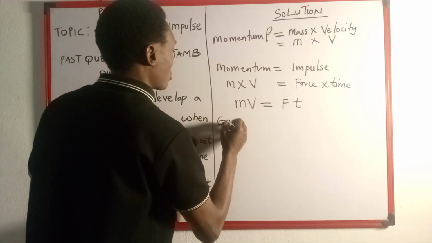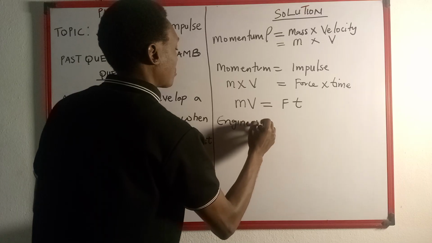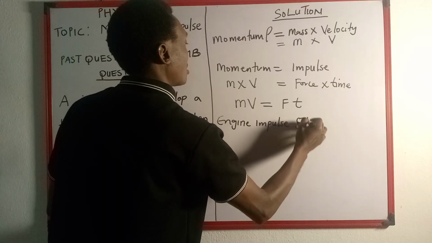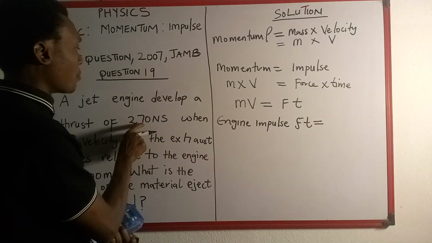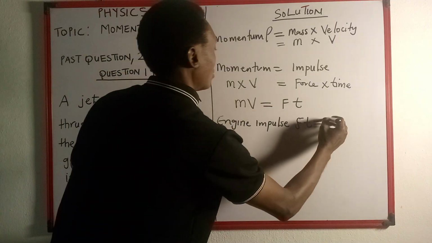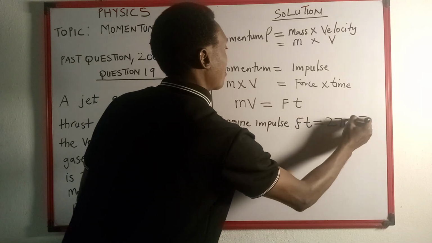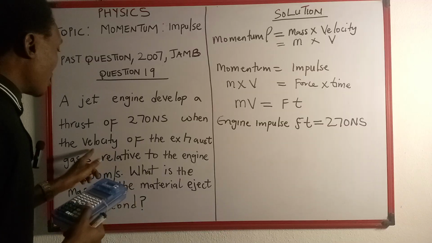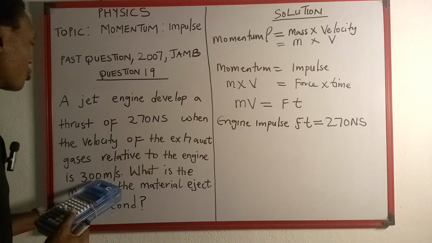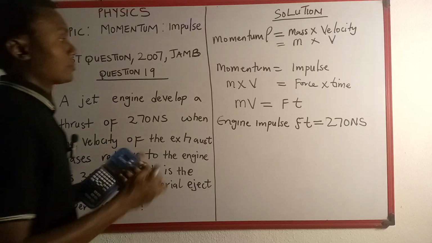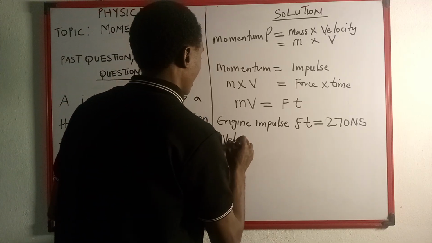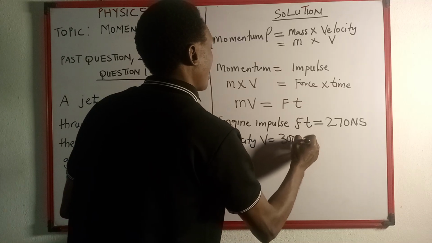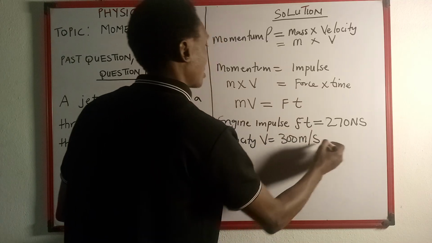So the engine impulse, which is Ft, is giving us 270 Newton seconds. Okay, now the velocity was given as 300 meters per second. Velocity, which is V, 300 meters per second.